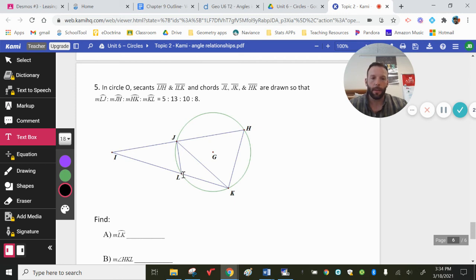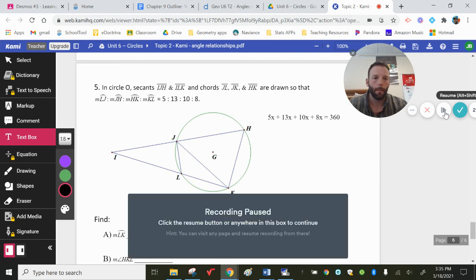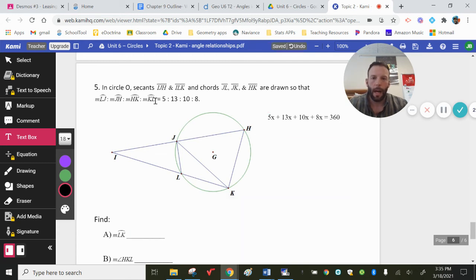So what I can say for certain is that these four arcs add up to a 360-degree rotation. Since I know that, I can create an equation that helps me figure out how much each one has to measure. The equation looks like this: 5x plus 13x plus 10x plus 8x equals 360.